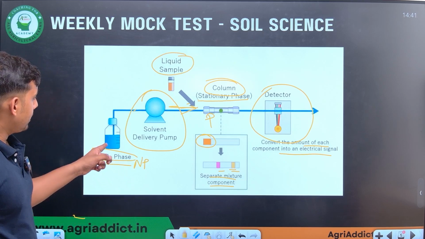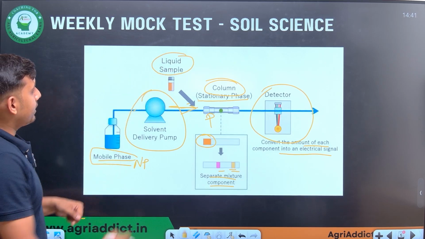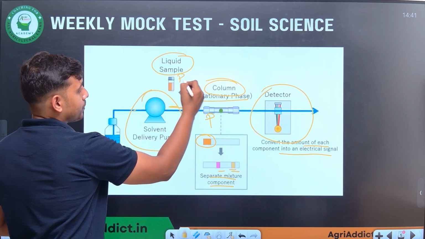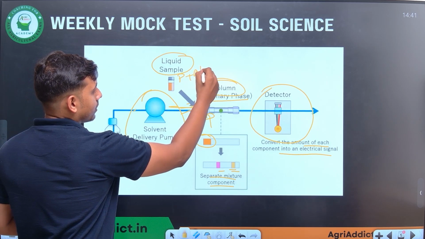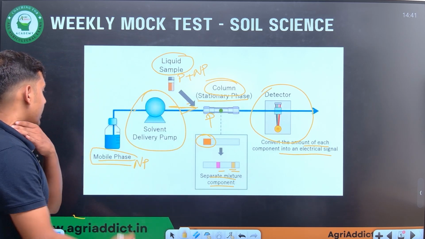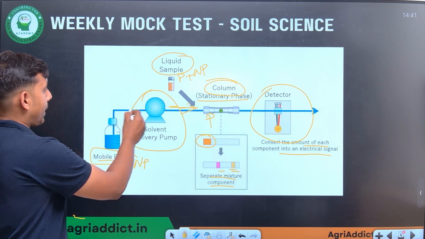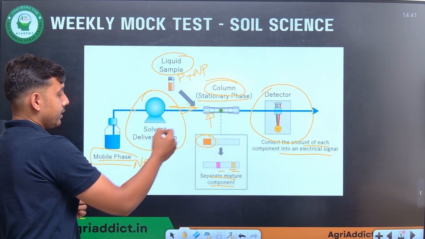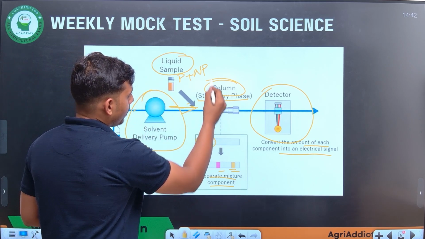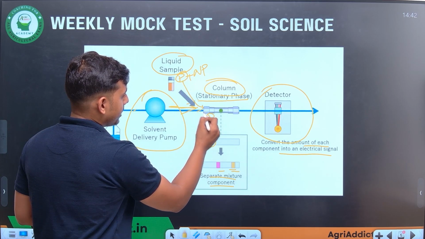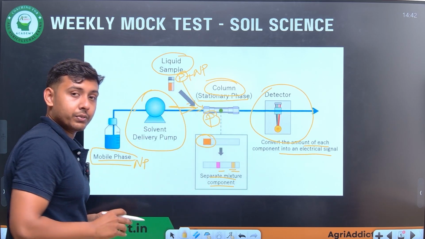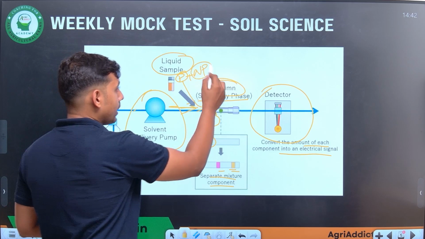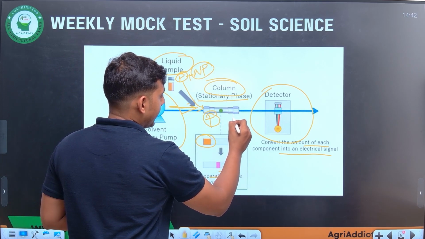So what happens in that sample? There are some components that are polar and some components that are non-polar. So what happens when we pass the mobile phase is that the polar components get attached to the polar stationary phase, and the non-polar components will elute first.